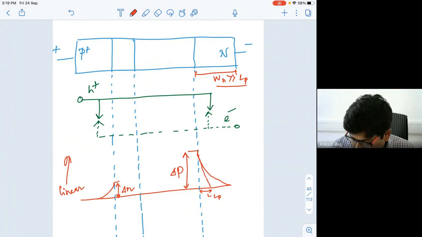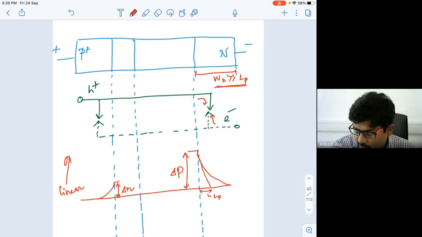So this is the exponential decay of your minority carrier holes injected from the P plus side. Wn being very, very greater than the diffusion length of holes means the holes injected from the P side will get enough room to recombine with the electrons, because recombination is happening. So this is your electrons coming and recombining with the injected holes. That is why Wn should be very, very greater than LP.